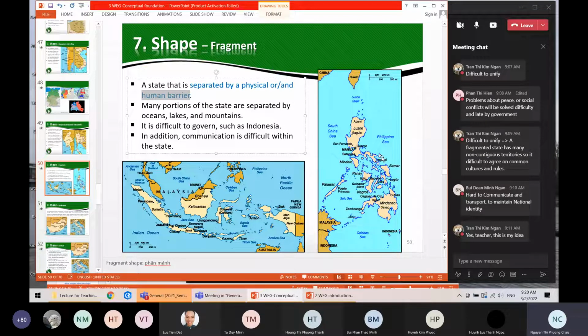Like you see, many Filipinos worldwide work in other countries. That means they don't support the national economy, but they support other economies. That is the human barrier. So again, we come back to why local people don't want to speak the national language. They would like to keep their own local language and prefer to speak an international language. Why?